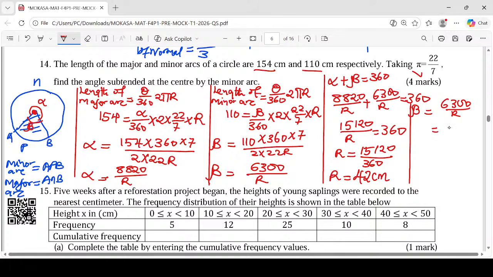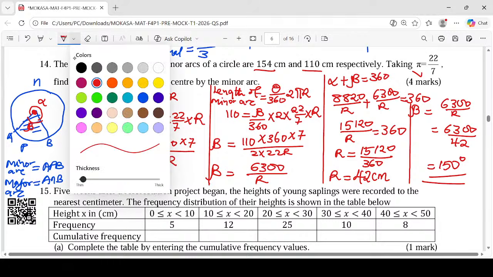So this will be 6300 over 42. When you divide 6300 by 42, you get 150 degrees. So that is the angle that is being subtended by the minor arc at the center of the circle. And that's how you earn your 4 marks in that particular question.